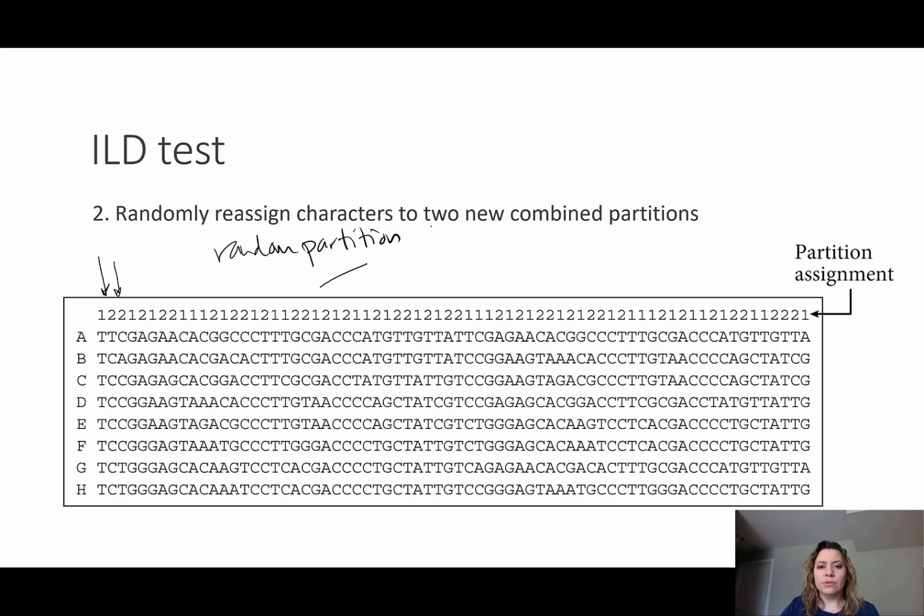What you do here in the analysis is you do this a number of times. So you create somewhere between 100 to 1,000 random partitions where characters are randomly selected. It sounds kind of similar to the bootstrap, where you're creating random data sets, right? So you do this 100 to 1,000 times, and that is going to give you some range of data.